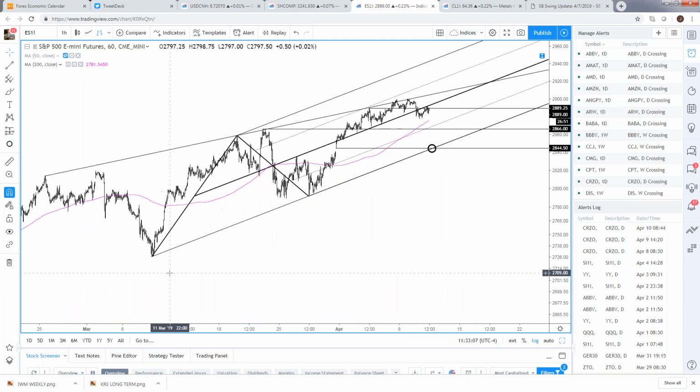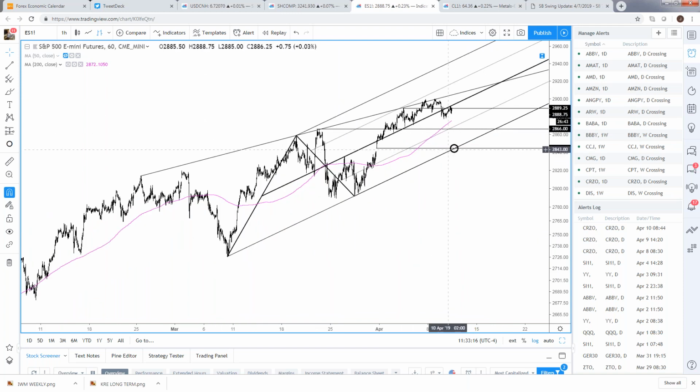You've got a leg up, a leg down, a leg up. This is kind of a prediction that I hate getting into, but let's think about this. From the December low, we've gone straight up for the most part. I think that's safe to say.